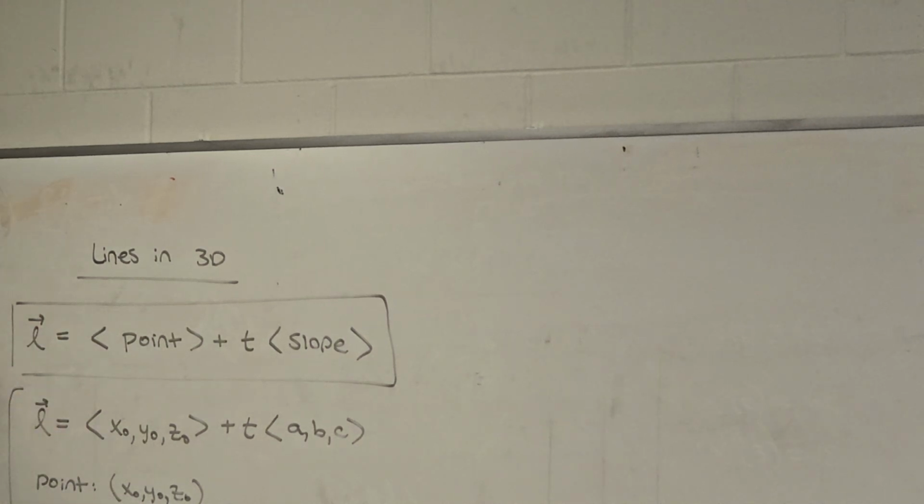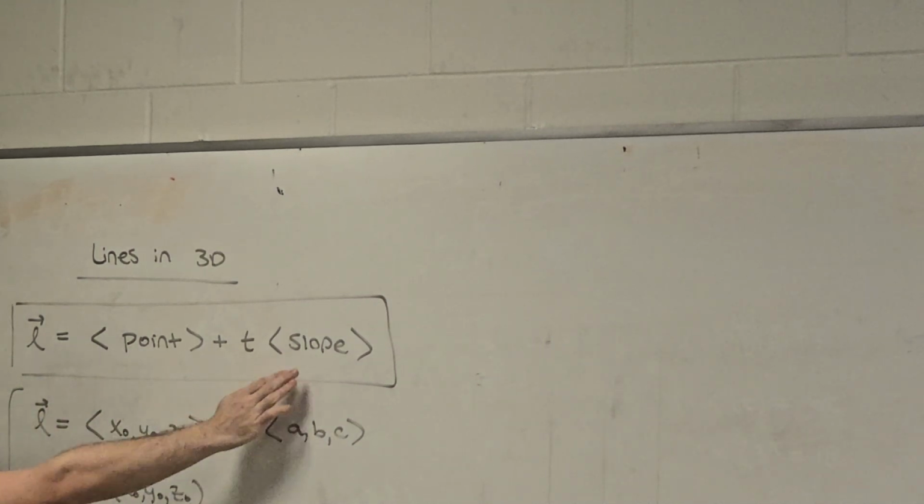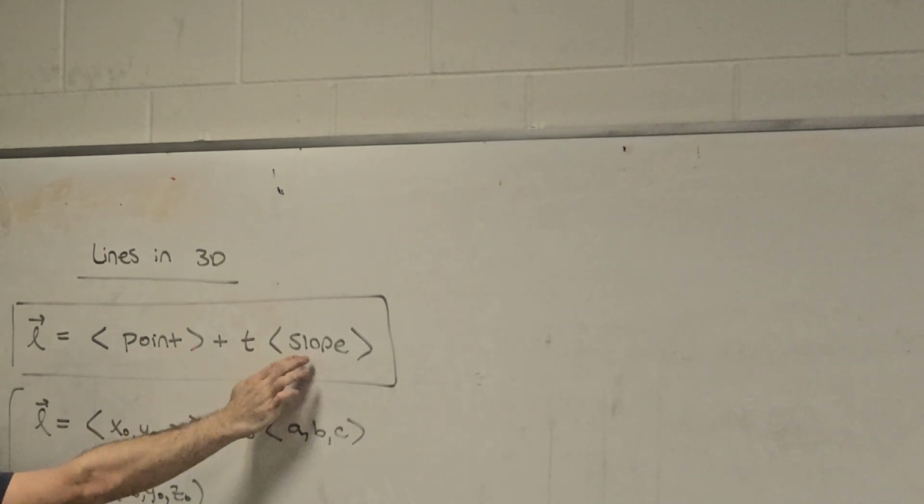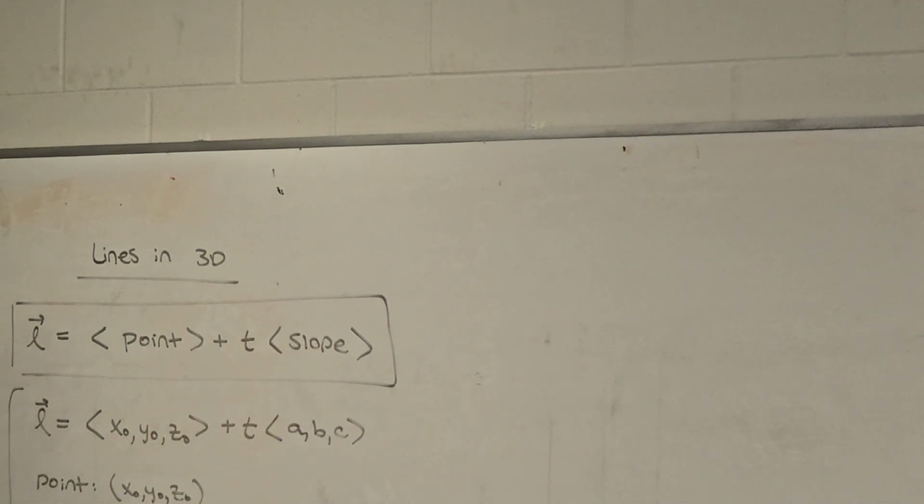Summarizing it, since we're seeing it for the first time, the equation of a line in 3D is going to be a vector equation, or these things are defined parametrically, so you're going to have a t running around. To build a line, just like in 2D, you need a point and you need a slope. Slope is kind of a bad word to use in 3D. Slope means a number. The precise thing that we want to call this is a direction vector.